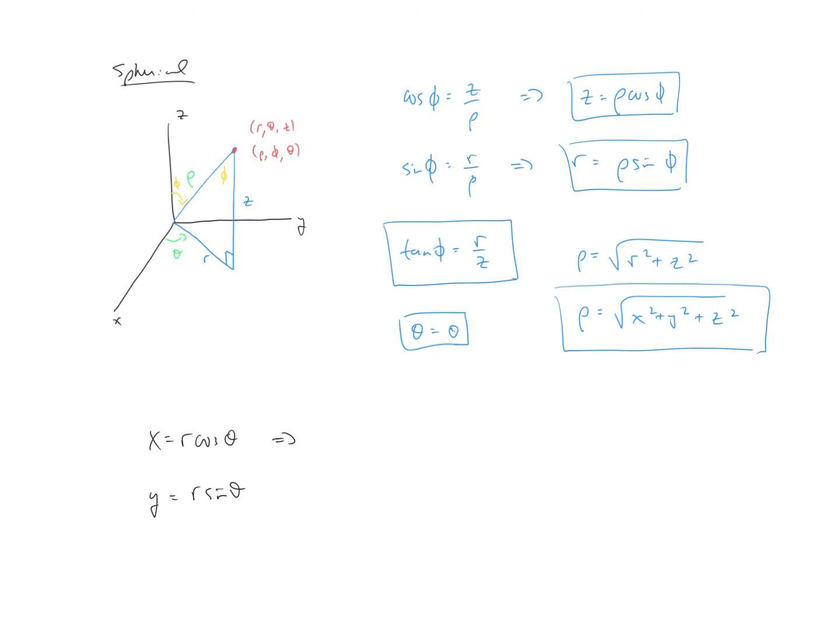This is going to now give us x equals rho sine phi cosine theta, and y would equal rho sine phi sine theta. So two more connections that can be made bouncing around between coordinate systems.